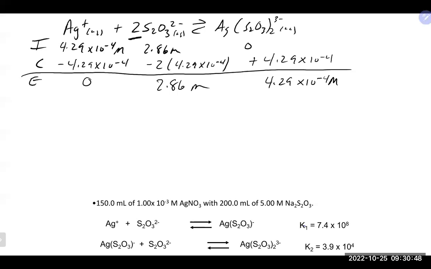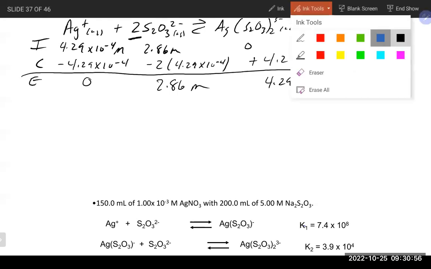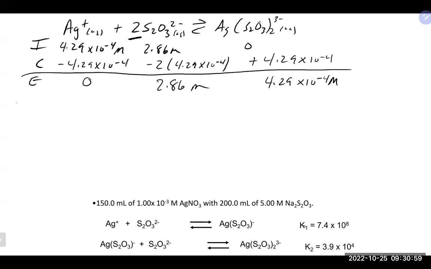Now, from this very first ice table here, we actually have a couple of answers we're looking for. We have the concentration of S2O3 2 minus is 2.86 molar.